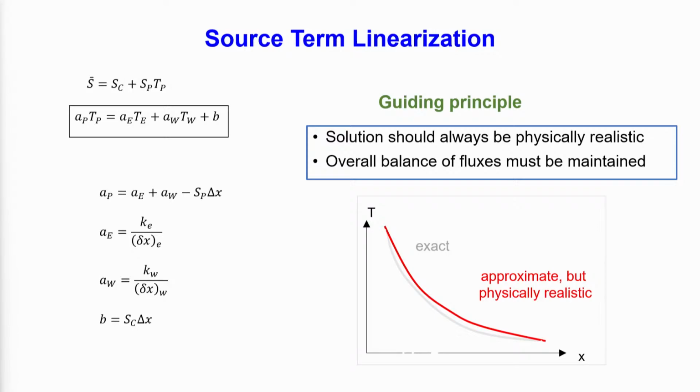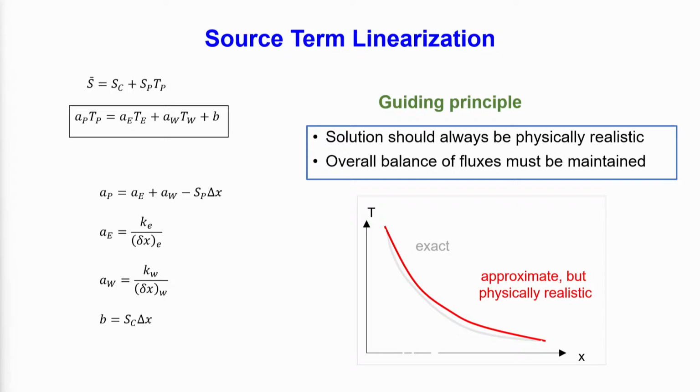So, you will want AP to also be positive. What can potentially make AP negative? If SP is positive. Depending on SP, overall AP may be positive or negative, but you should not leave it to chance, because every different simulation may have different SP values over which you have no control. To make it airtight, your formulation should make SP itself negative so that you always have AP positive.